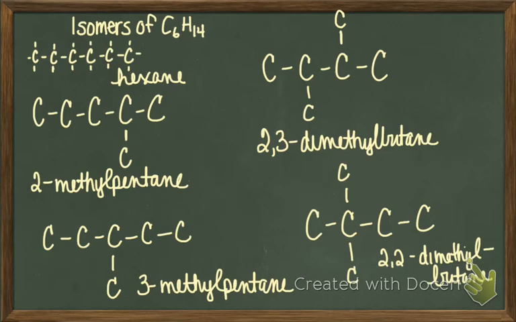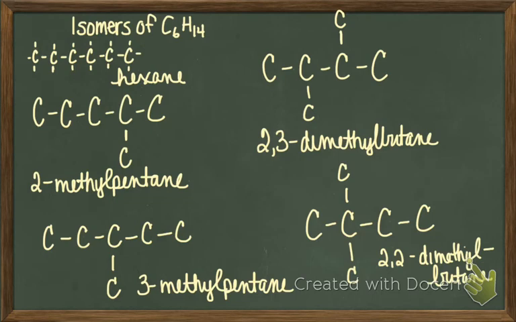So if I were to look at how many isomers I could make of C6H14, that molecular formula, I have hexane, 2-methylpentane, 3-methylpentane, 2,3-dimethylbutane, and 2,2-dimethylbutane. So total, I have 5 isomers for C6H14.